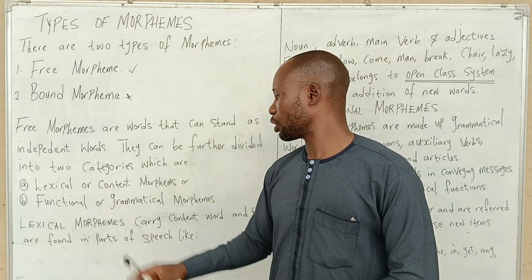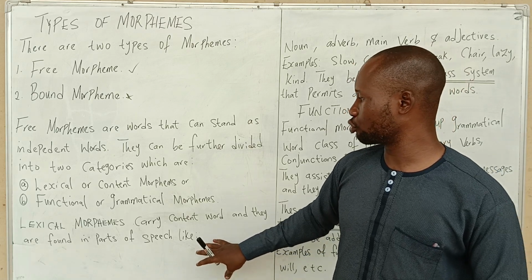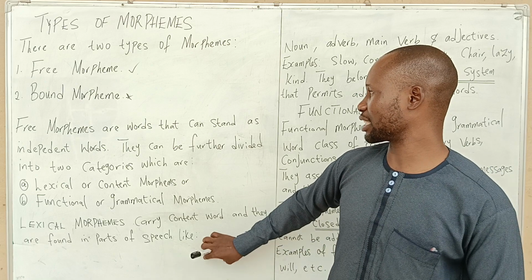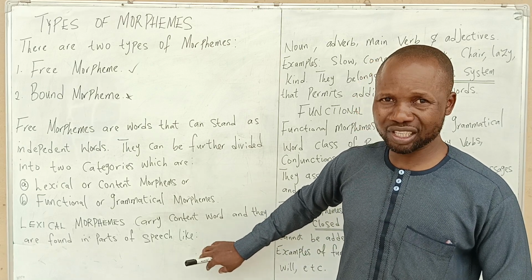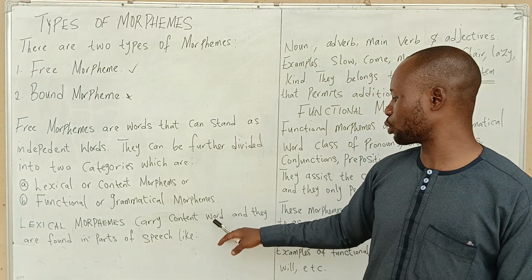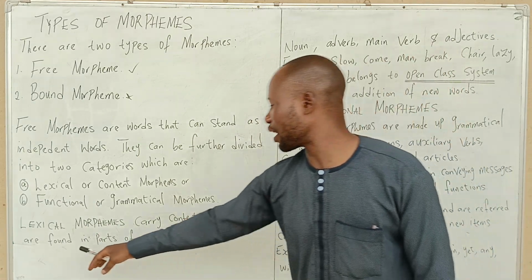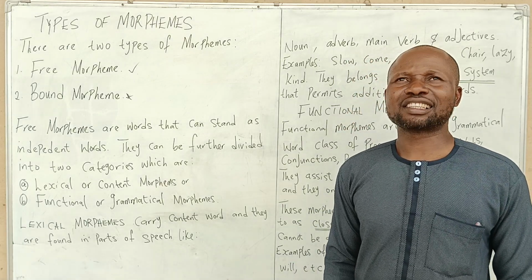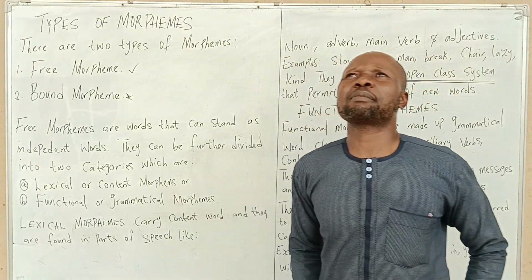All right. So next we are quickly going to go into lexical morpheme, because under lexical morpheme I will now give you examples. Lexical morphemes carry content words, or they are found in parts of speech.